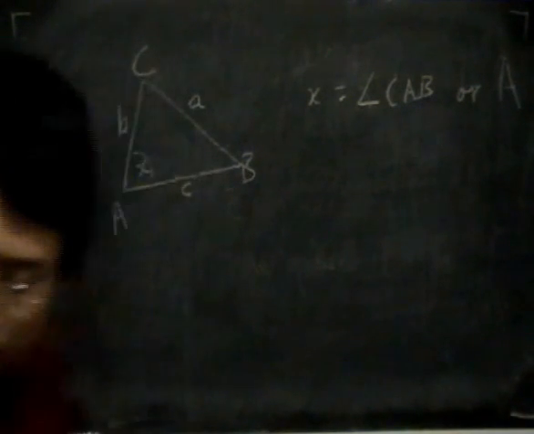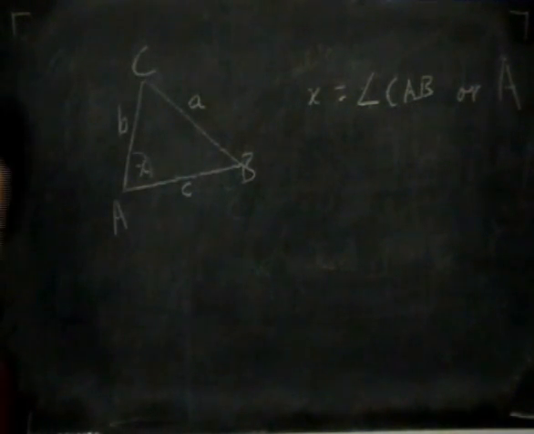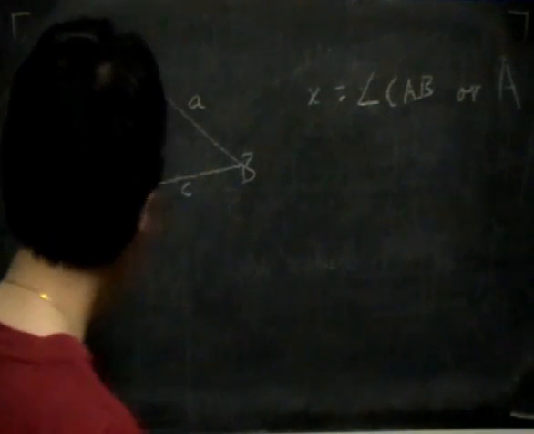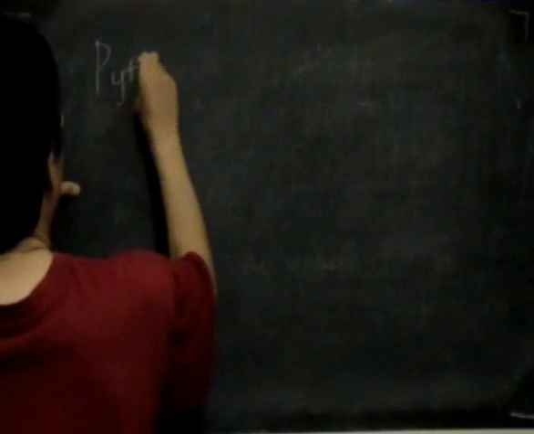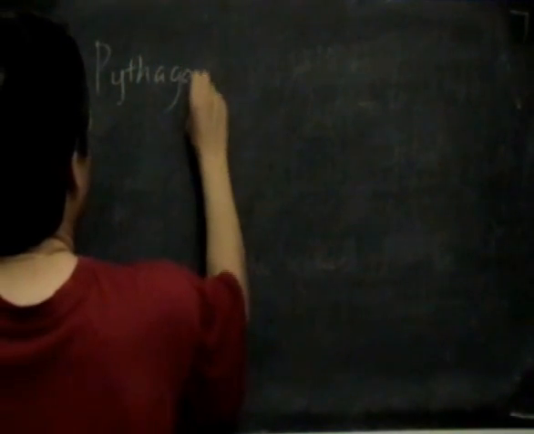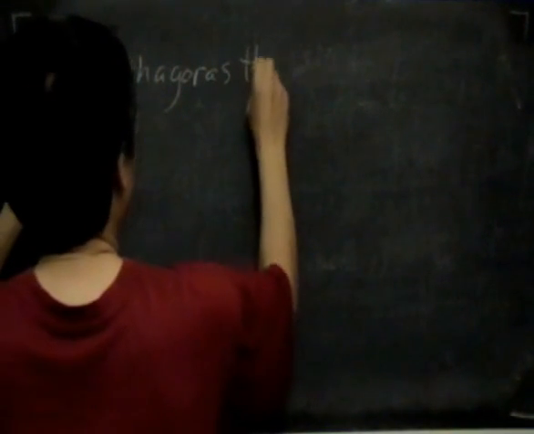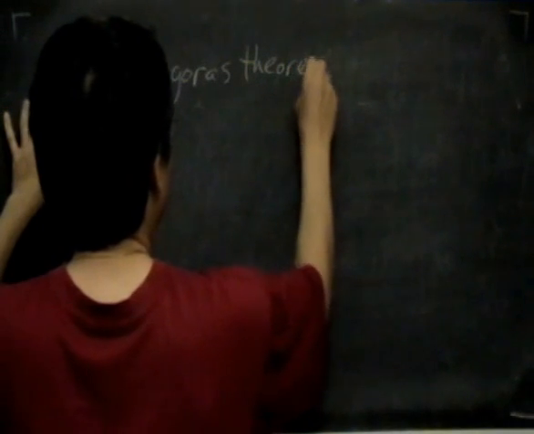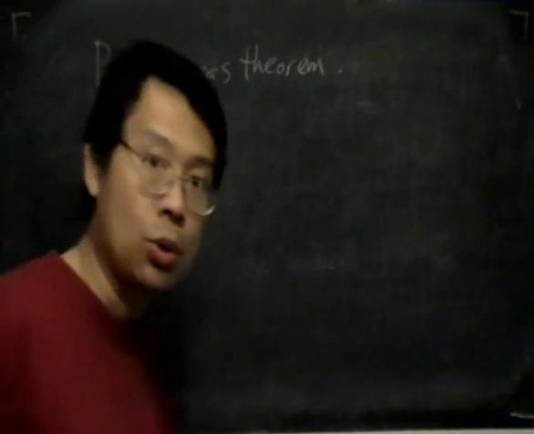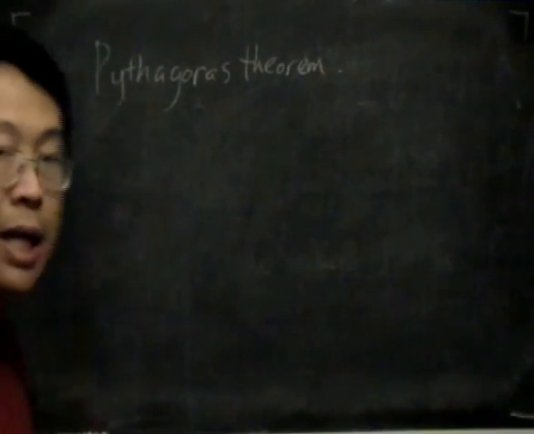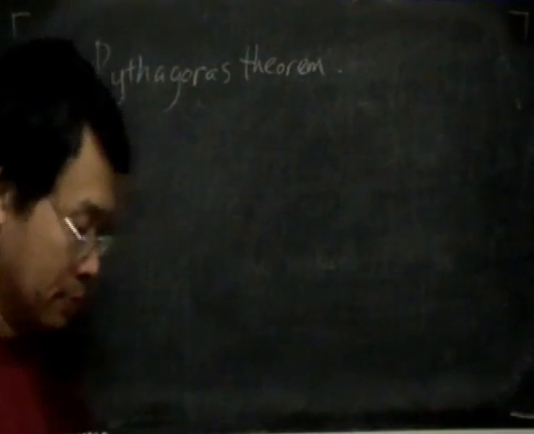Now, another property of a triangle that we are now going to look at is quite special. You might have heard of this already. It is called the Pythagoras theorem.